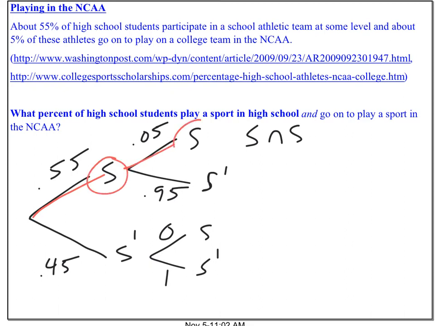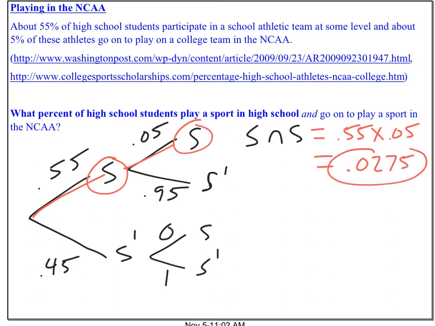S and S. It meets both of those. So this would be 0.55 times 0.05, which is 0.0275. Under 3% of randomly selected high school students would go on to play a college sport.